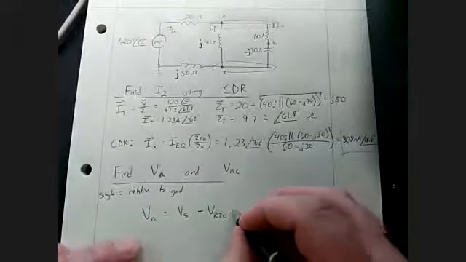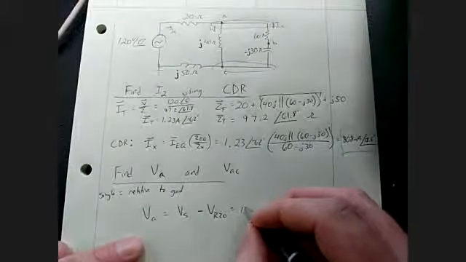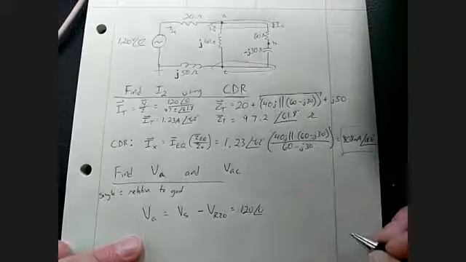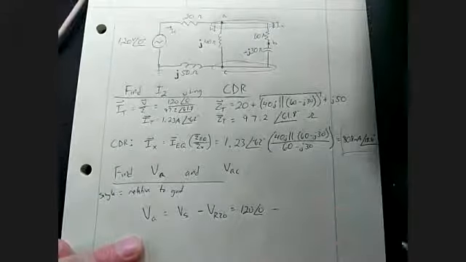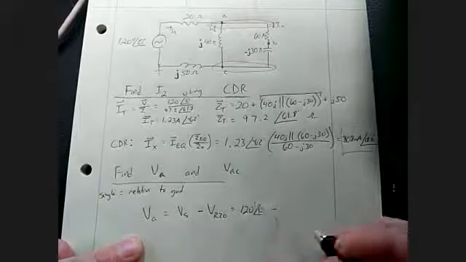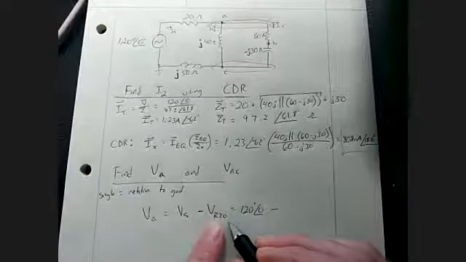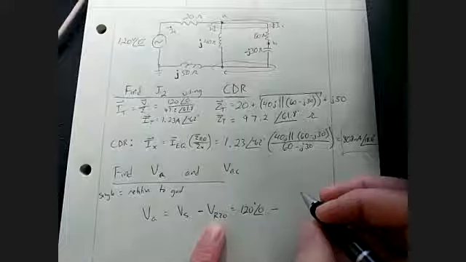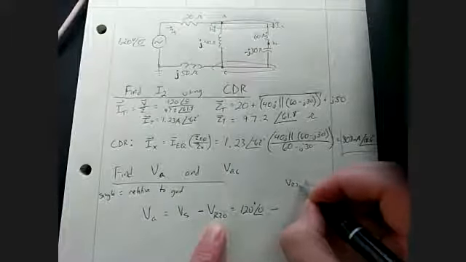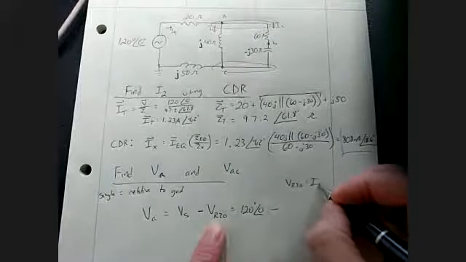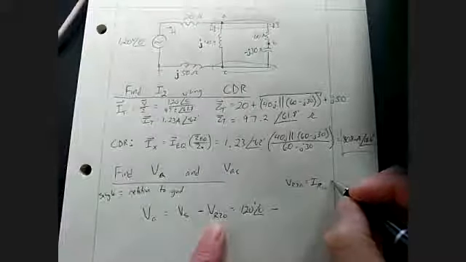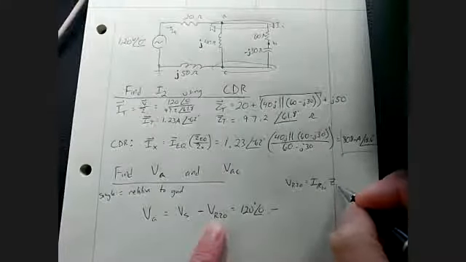So the voltage source is 120 angle 0, right? It went up that amount. And then this potential difference across R20, I can solve for just using Ohm's law. The voltage across R20 is equal to the current going through R20 times the Z of R20.